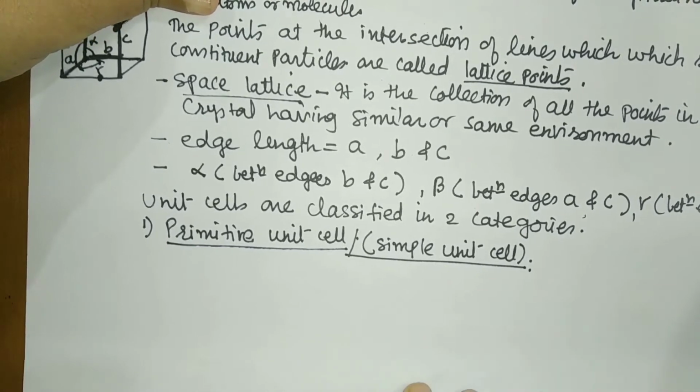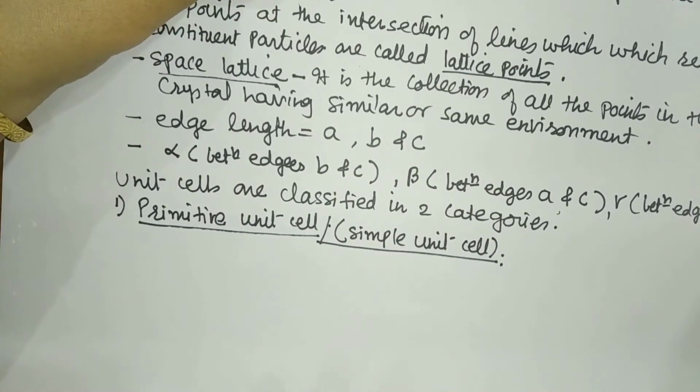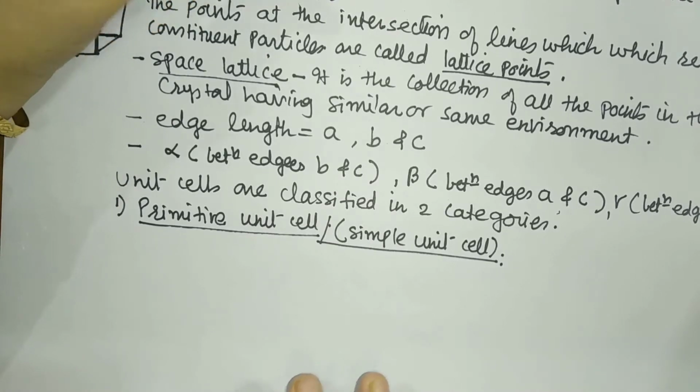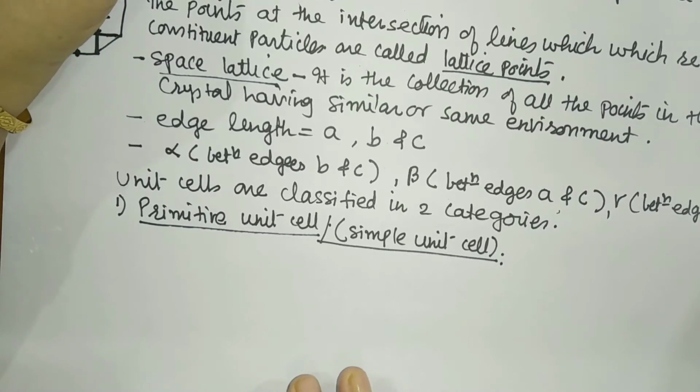Now let us understand what is this simple or primitive unit cell. In this, there are 7 types of primitive unit cells, and they are cubic, tetragonal, orthorhombic, monoclinic, triclinic, hexagonal, and rhombohedral. We will study them in detail, but let us first understand the meaning of primitive unit cell.